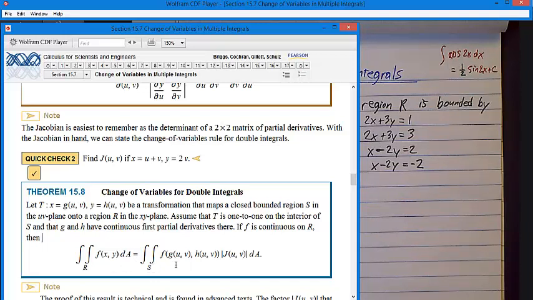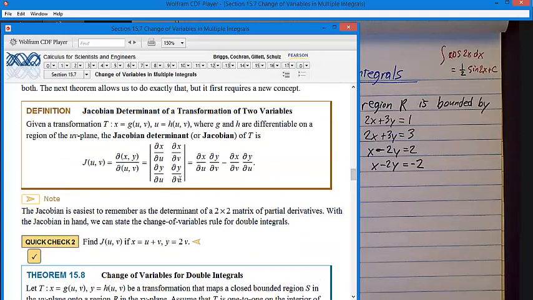But I do like this. They say, hey guys, multiply by the determinant of the Jacobian. That's really what you want to do. The Jacobian matrix is a matrix filled with partial derivatives. That's what it is.